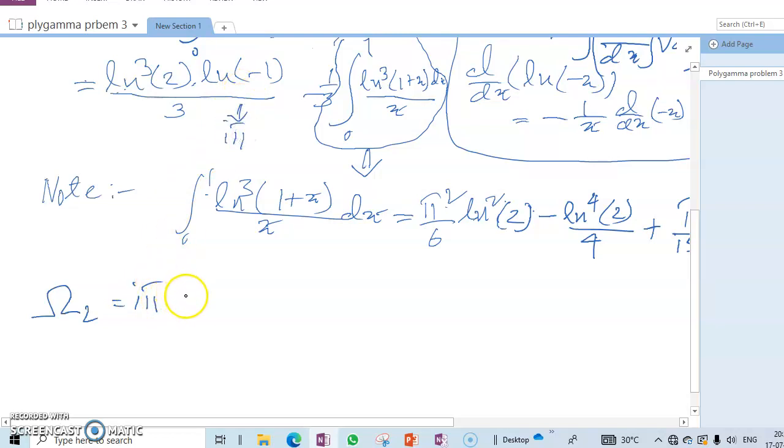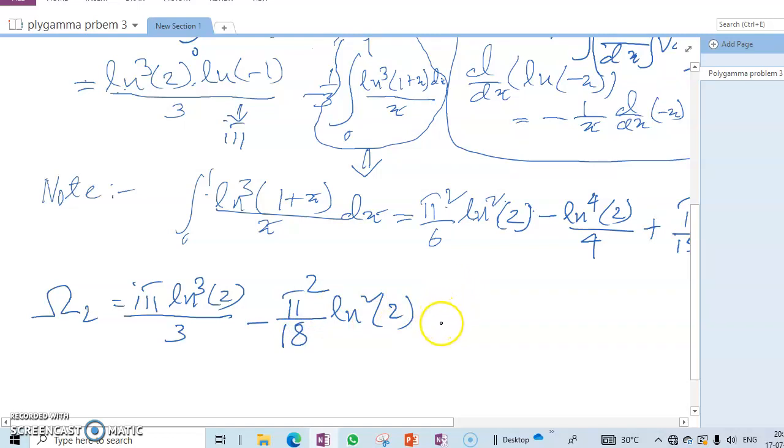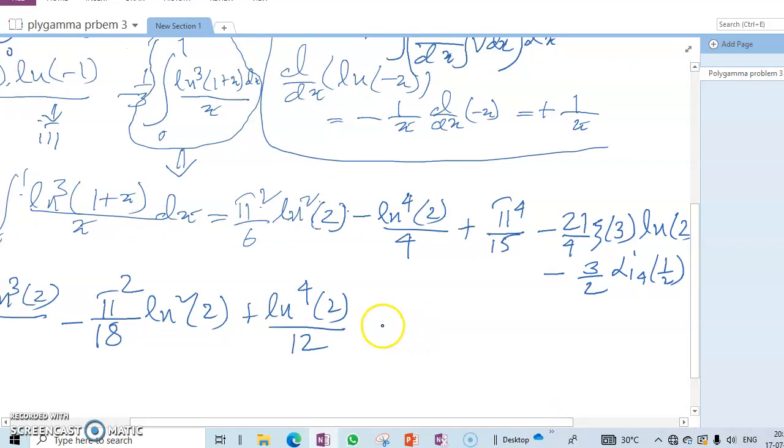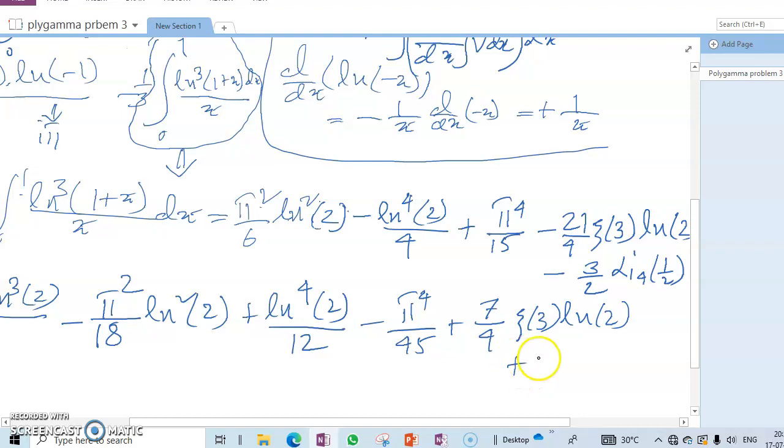Okay, so i pi ln cube 2 divided by 3, minus pi square by 18 ln square 2, because of the 1 by 3, and plus ln to the power 4 divided by 12, minus pi 4 by 45, plus 7 by 4 zeta 3 ln 2, plus 1 by 2 Li4 of half. Okay friends, I hope it is clear.